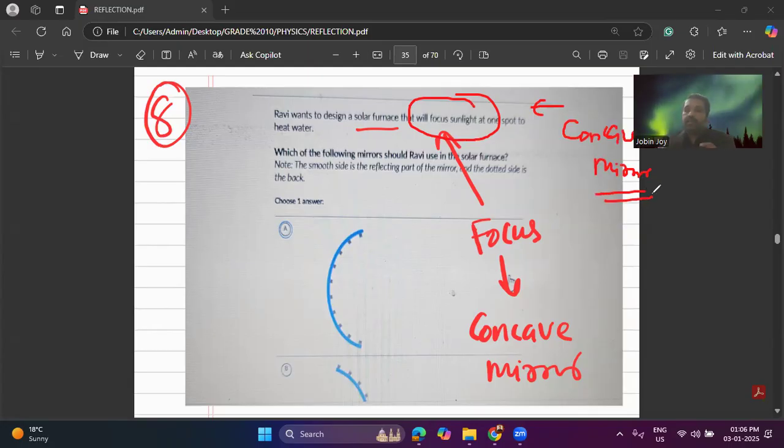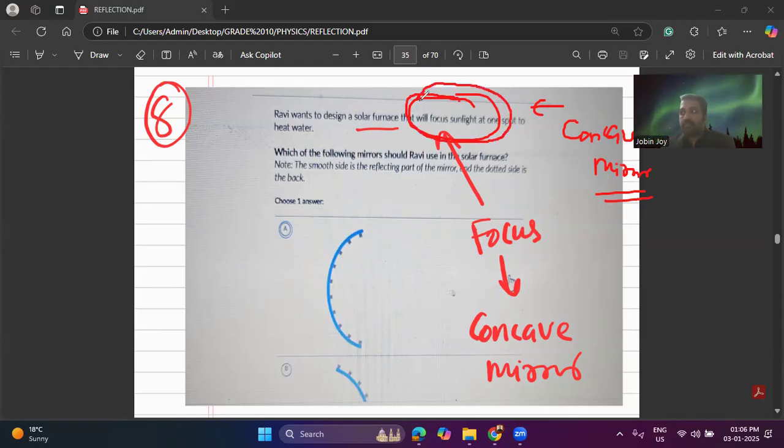When you see a term focus, like focus sunlight or focus light rays, you can directly write the answer. The answer is concave mirror. So the question is like this: Ravi wants to design a solar furnace that will focus sunlight at one spot to heat water. His requirement is to focus sunlight at one particular point.